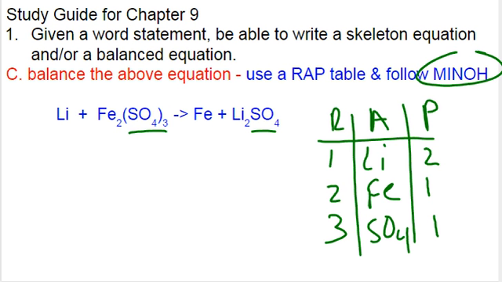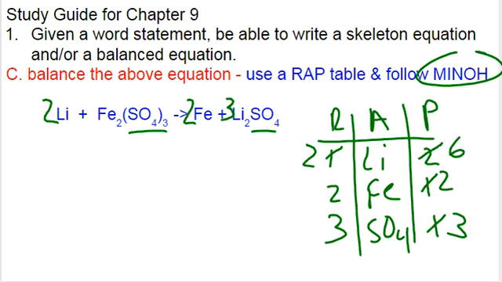So I'll start with lithium since it's the first metal listed and put a 2 here. So that looks good. Iron, I need more on the product side, so I put a 2 here. And remember, I can only put the 2 in front because if I change the subscript, that changes the substance. Then I get to sulfate. Well, sulfate, I need 3, so I'd have to put a 3 here, which is great for the sulfate, but that changes my lithium to 6.